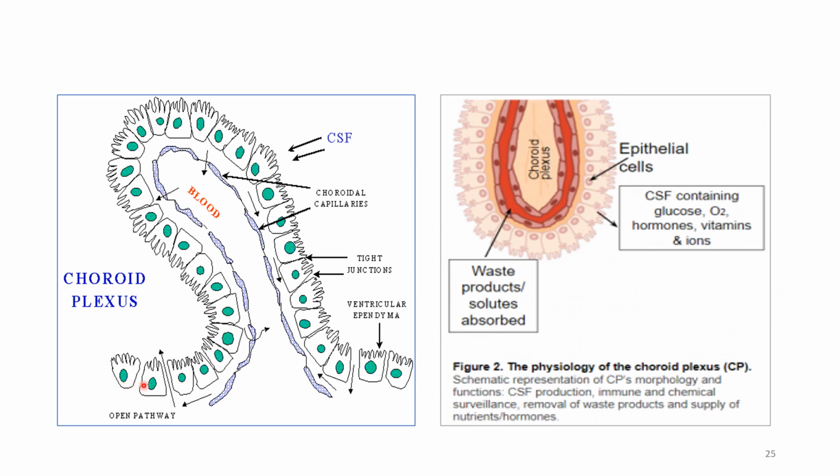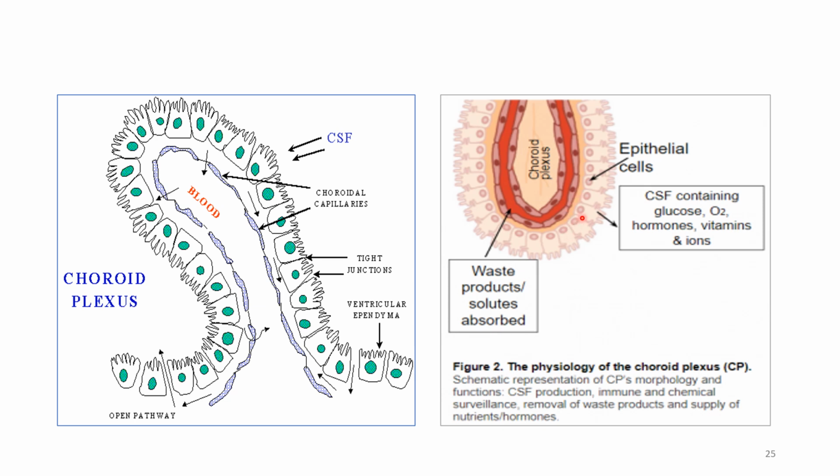See this? This is the blood vessel. These are the covering ependymal cells. For example, this is a blood vessel or capillary. It has a lining, that is endothelium, and it is surrounded by epithelial or ependymal cells.